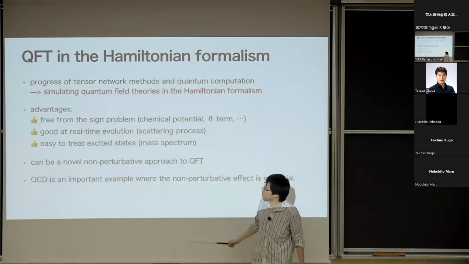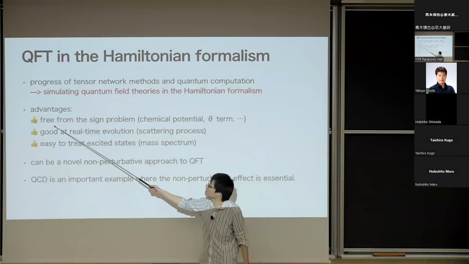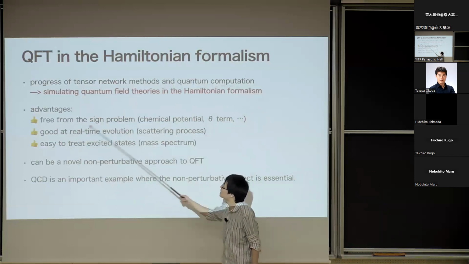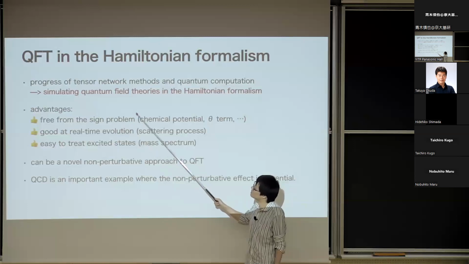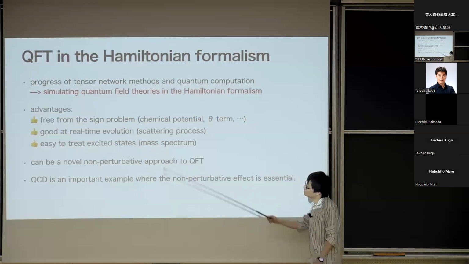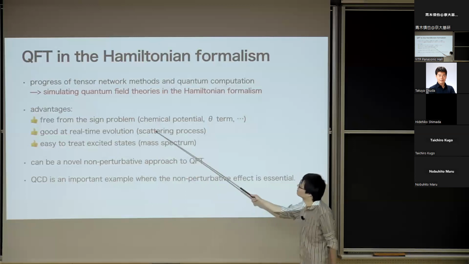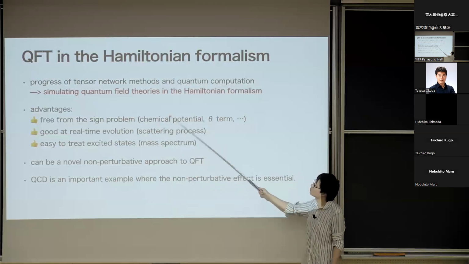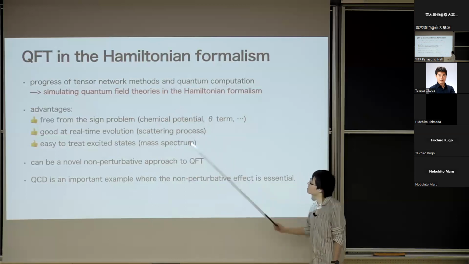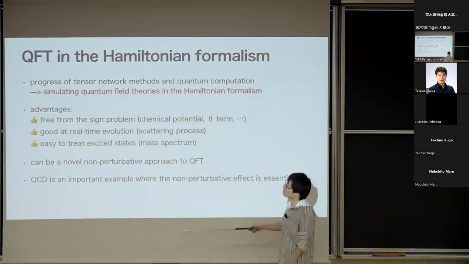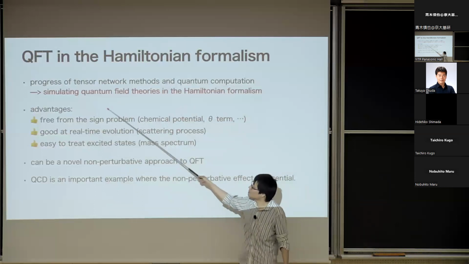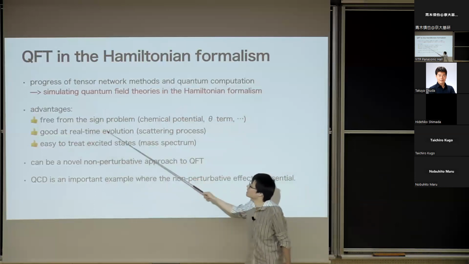One, maybe the well-known advantage, is that this method is free from the sign problem, which frequently happens in Monte Carlo methods. So this point allows us to study, for example, a model with chemical potential or a Volcker theta term.